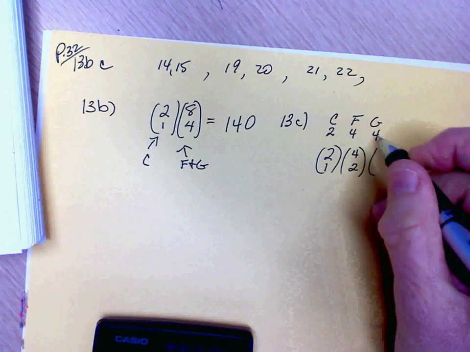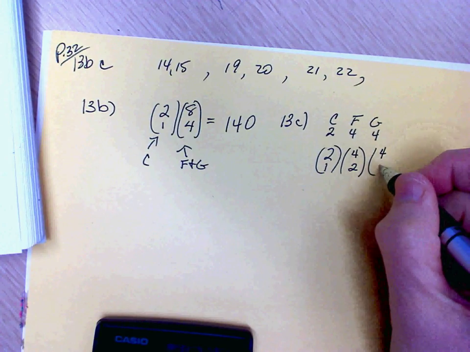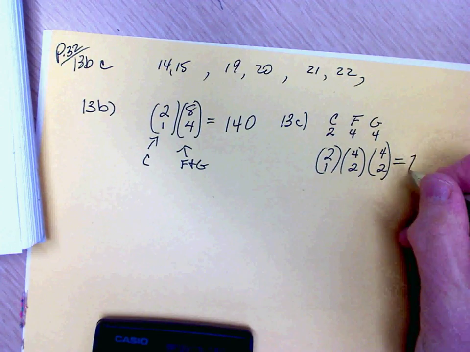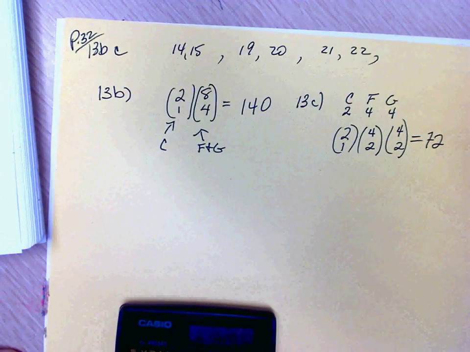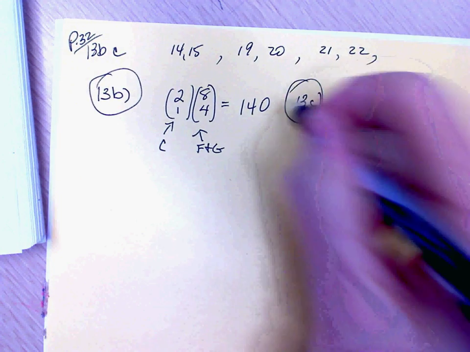And out of the 4 people who can play the guard position, we need 2 more. So when we calculate that, we get 2 times 4C2 times 4C2, and we get 72. Okay, so that was 13B and 13C.